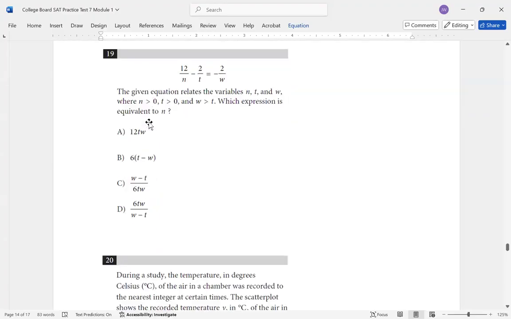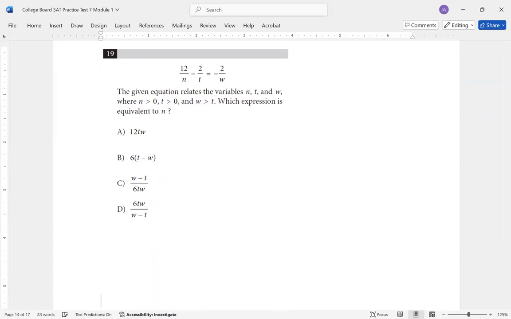Question 19. The given equation relates the variables n, t, and w, where n, t, and w are all positive. W is bigger than t. Which expression is equivalent to n? Now, we could try to do some things numerically here, but I think the most straightforward way is just to solve this equation for n.